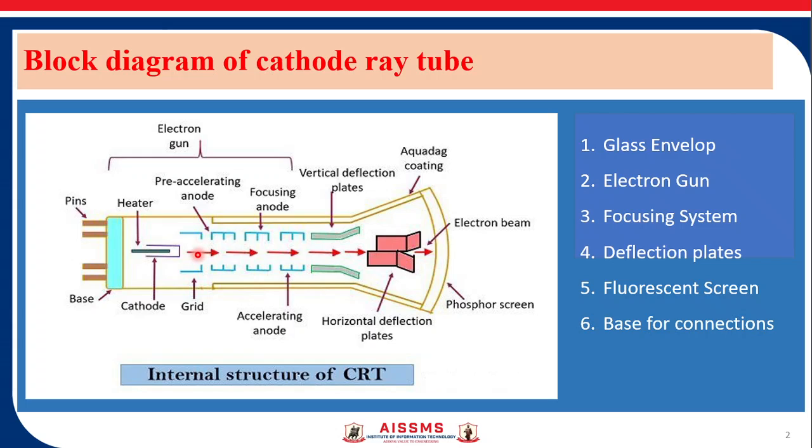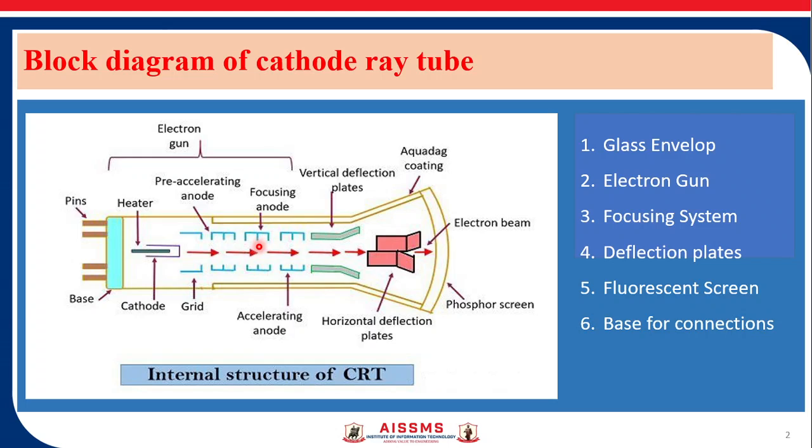Now after this, the electrons pass through a focusing system. A positive high potential is applied at the pre-accelerating anode, by which the beam gets accelerated. This high positive potential is about 1500 volt. Then focusing anode helps in focusing the electron beam and is connected with a lower adjustable voltage of about 500 volt.